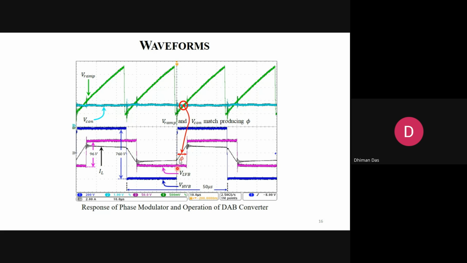Now when I generate the phase, the current will shoot up during that phase. If I allow the phase more, the rise of this current slope goes higher, so the average value of current will be more. So the injection of DC current into the system will be more.